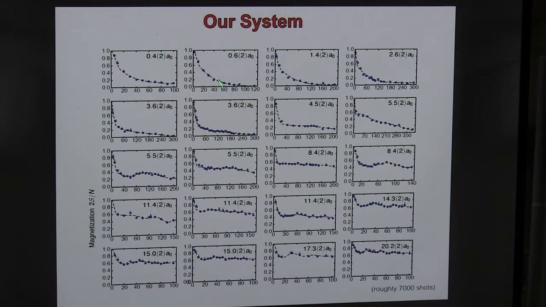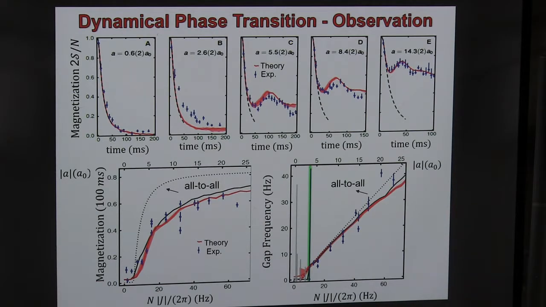There are different traces that are taken as you vary the scattering length from weak to strong. So you can see that the system demagnetizes, and at some point you see stable oscillations around a non-zero value. To summarize the dynamics and the character of the phase transition, there are some traces, and the dots are the experimental data.